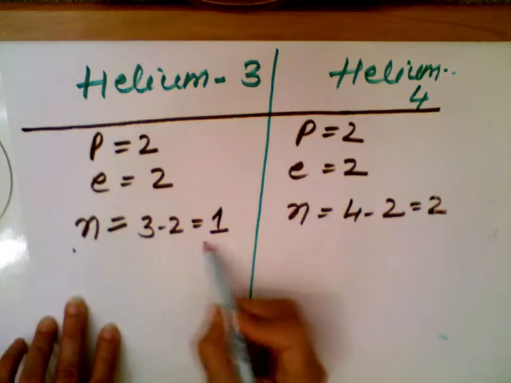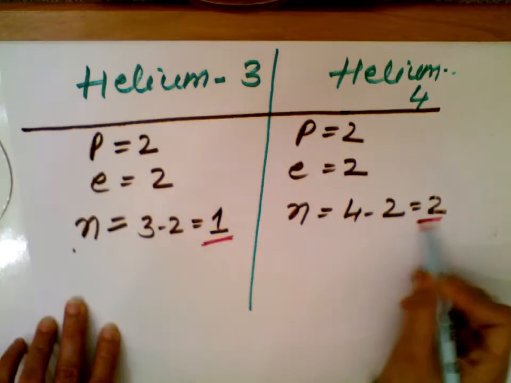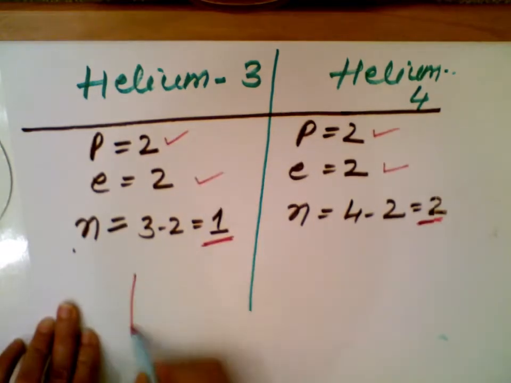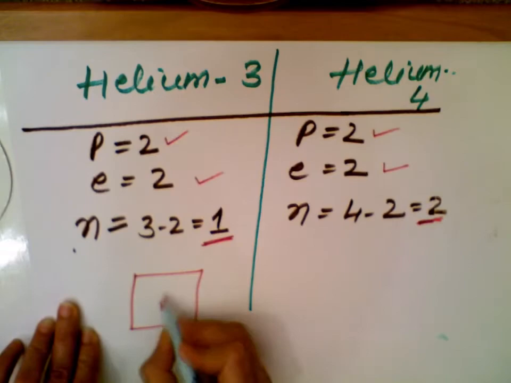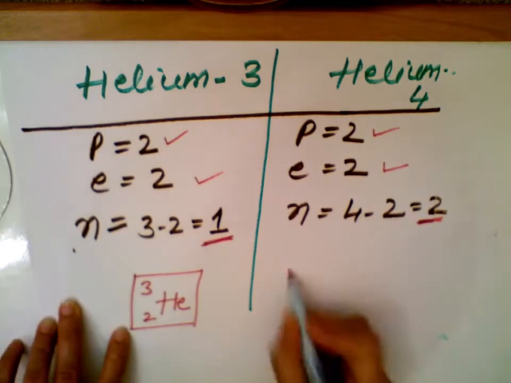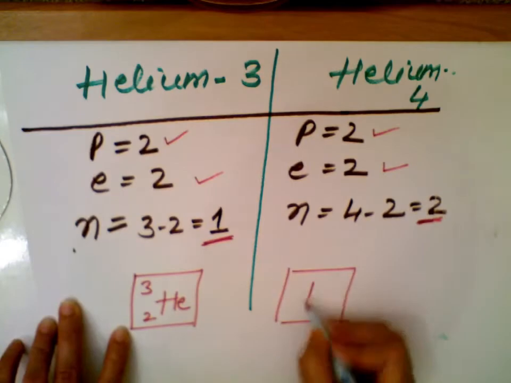So the number of neutrons is different, but the number of protons is the same, electrons the same. And once again, when you represent it, they both are helium. This is helium-3. This one, helium-4.